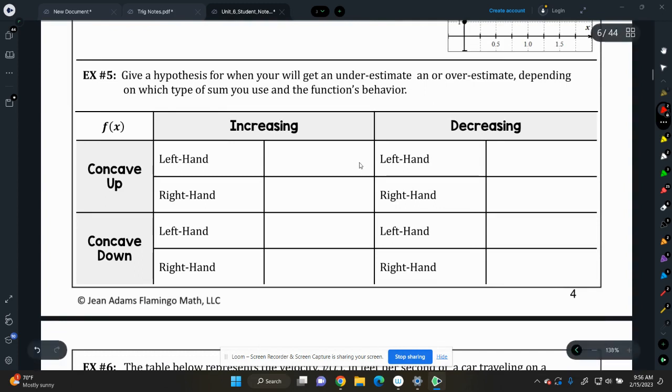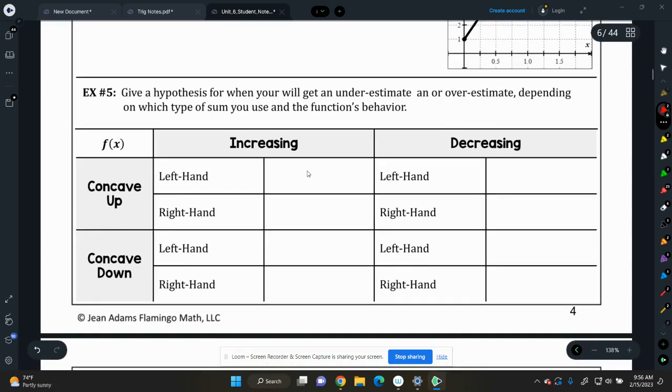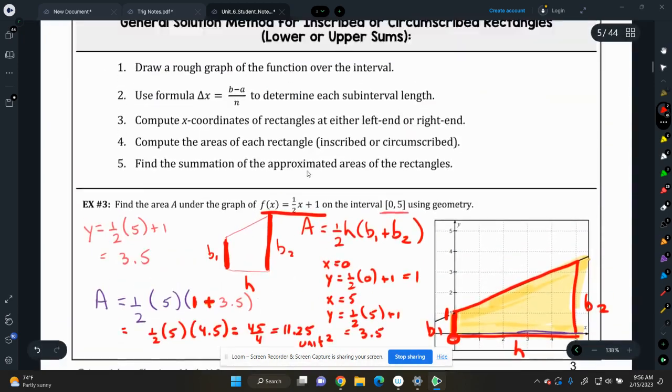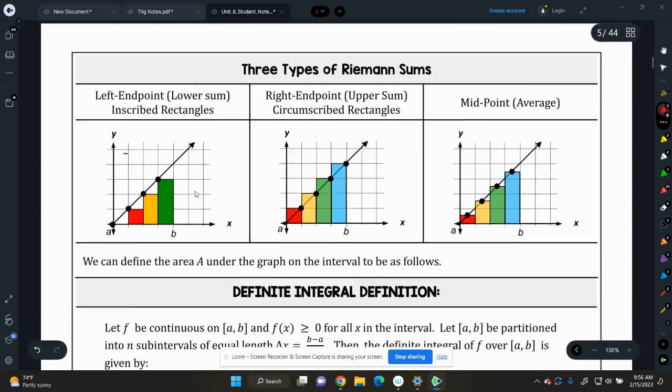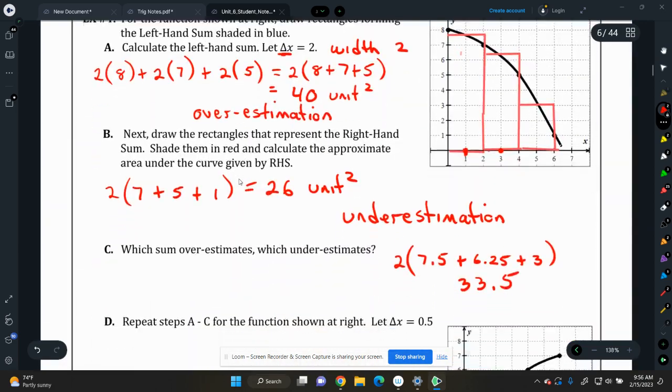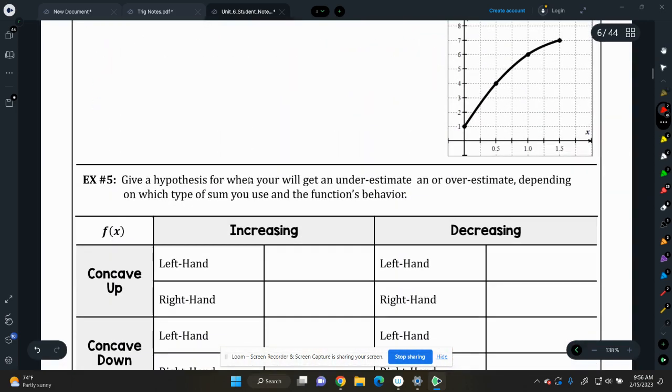This is helpful if we have a concave up function and we look at the left approximation. Concave up left approximation, is that going to be an under or an overestimate? Underestimate, if it's an increasing function.